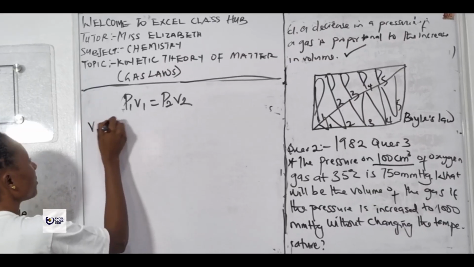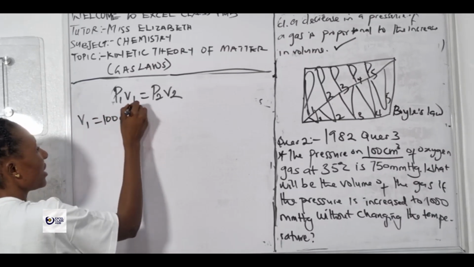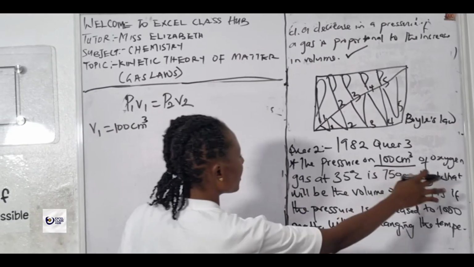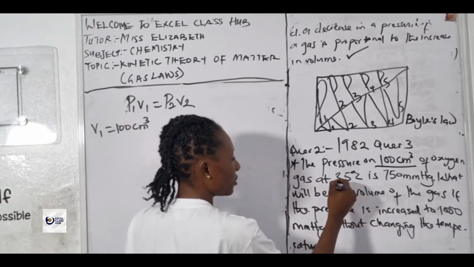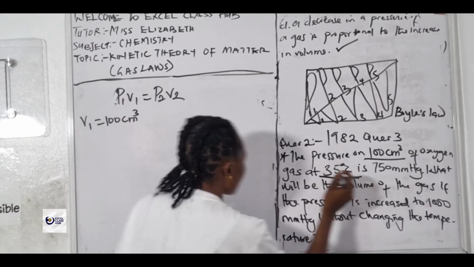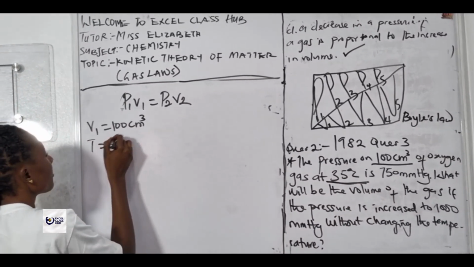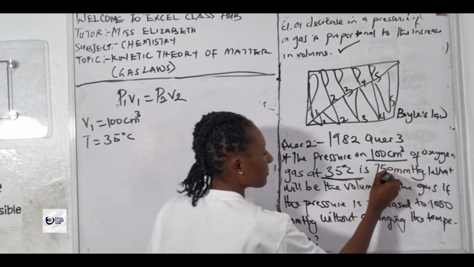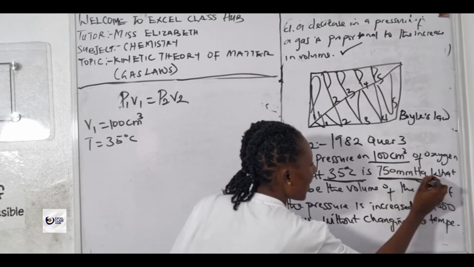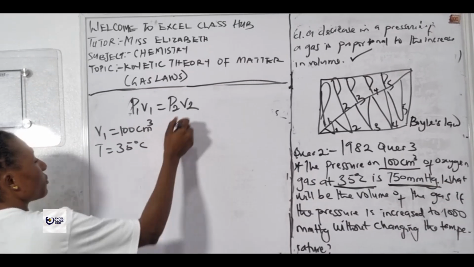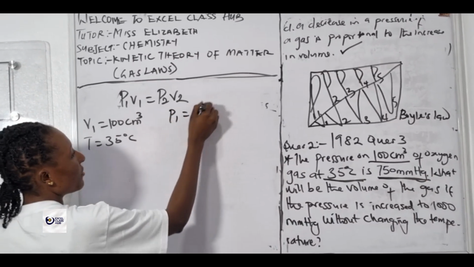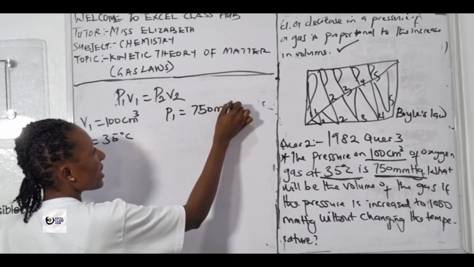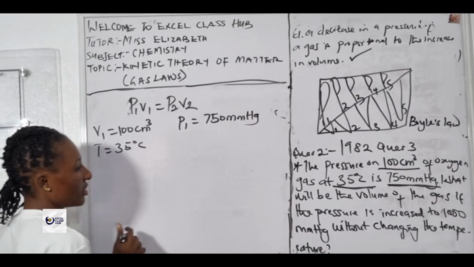That would be our V1. Though we don't need the temperature, let's just write it out: 35 degrees Celsius. From our understanding, any unit with millimeter mercury is talking about pressure. So our first pressure, P1, is 750 millimeter mercury.